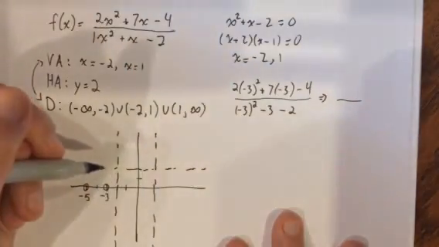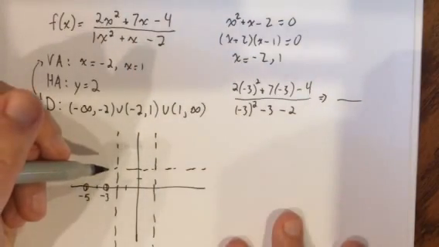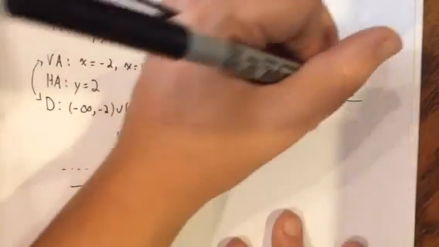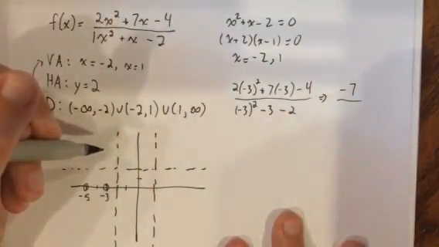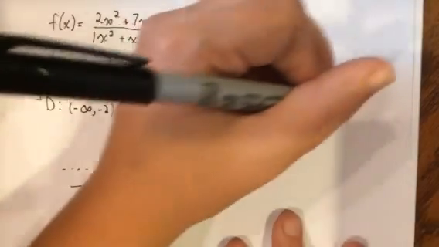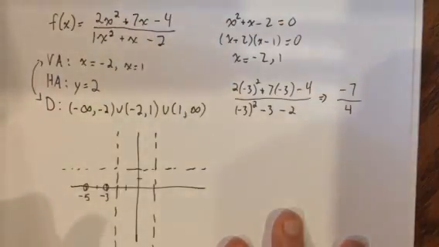So I should get negative 3 squared is 9, 18, minus 21 is negative 3, minus 4 is negative 7. 9 minus 3 is 6, minus 2 is 4, so negative 7 over 4.